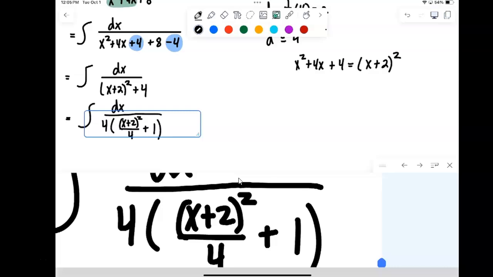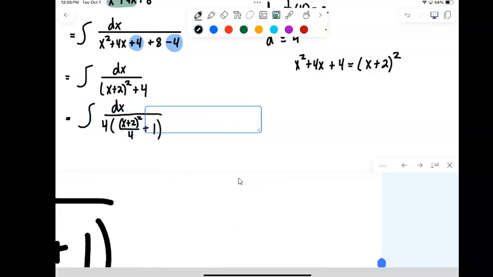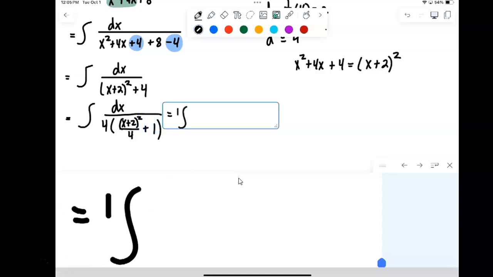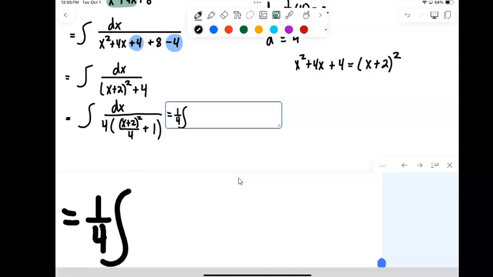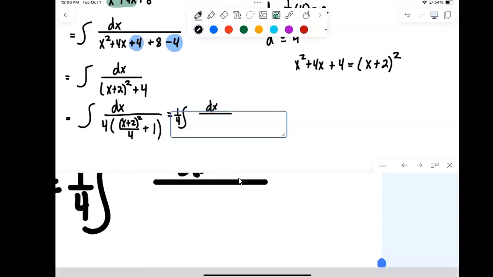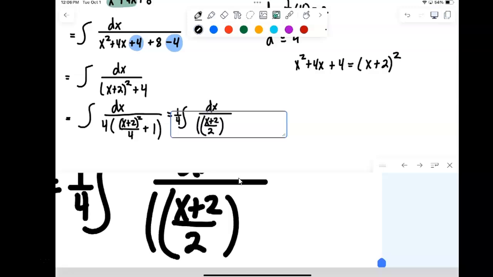Now that 4 is just a constant, so it can be pulled outside the integral. And now I'm going to take that x plus 2 quantity squared over 4 and rewrite that as x plus 2 over 2 quantity squared, and +1.